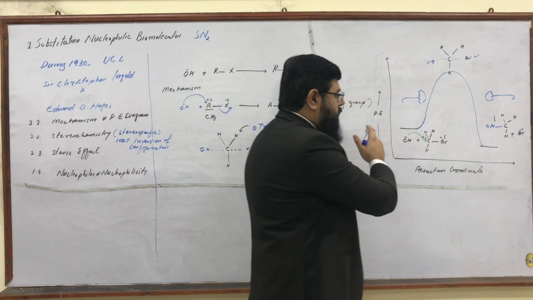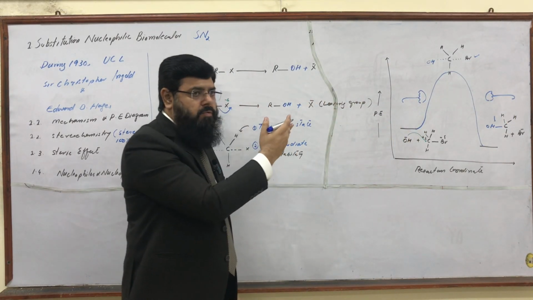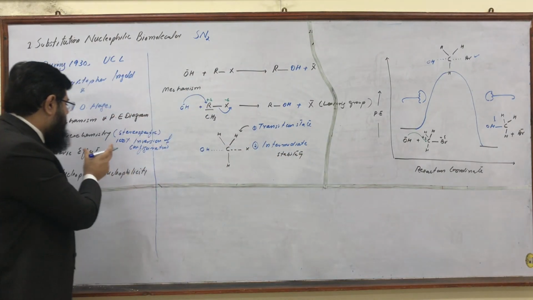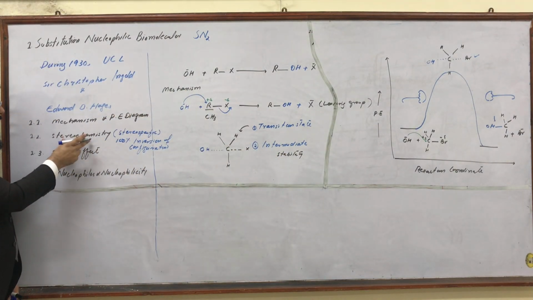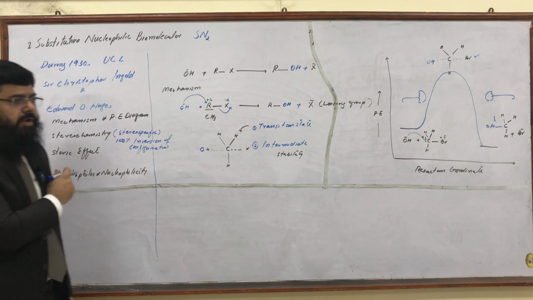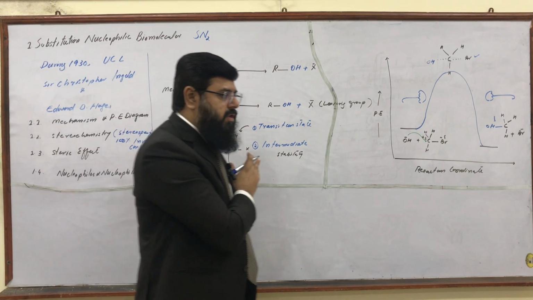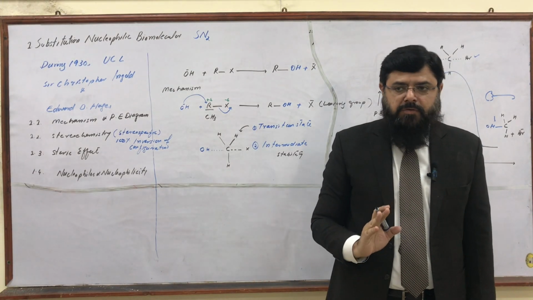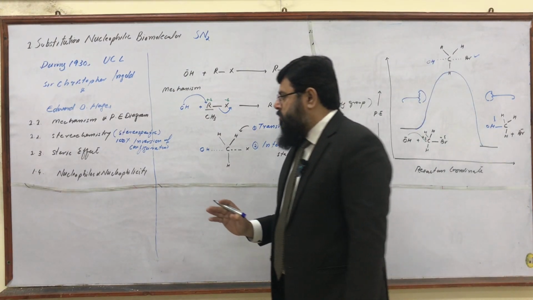So the configuration will be changed from R to S or from S to R. So this is the second goal that we are going to achieve, the stereochemistry of SN2 reactions. In SN2 reactions, there will be 100% inversion of configuration.